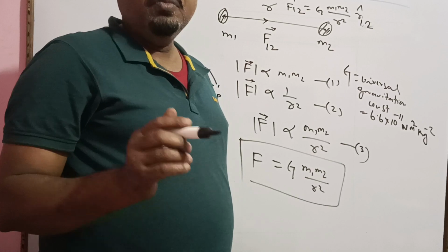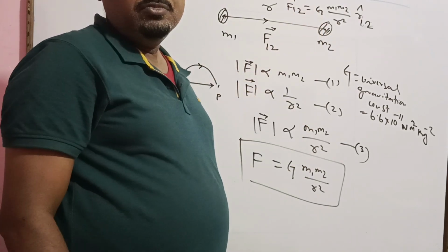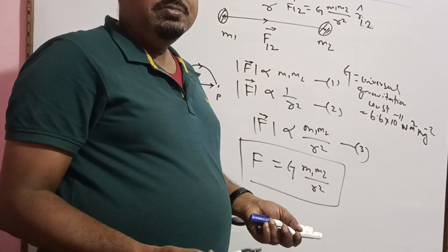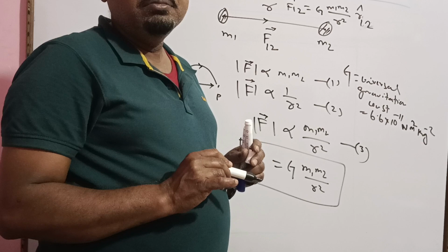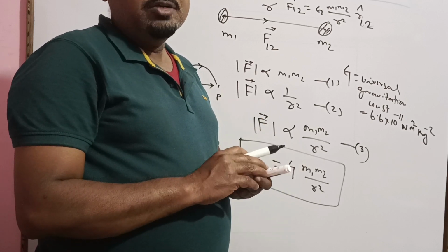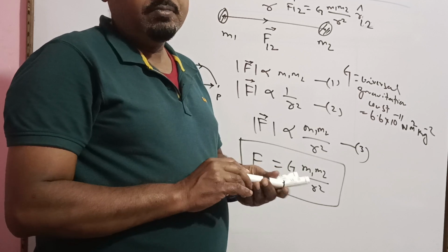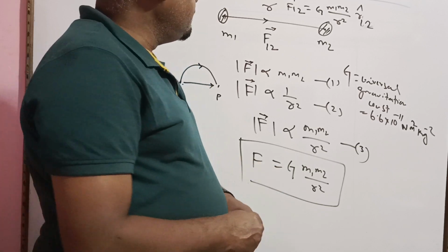Number 3, it does not depend upon the medium. In air medium, in water medium, in any medium, the gravitational force is always G m1 m2 by r square. Coulomb's force depends upon the medium, both the magnetic force and the electric force.